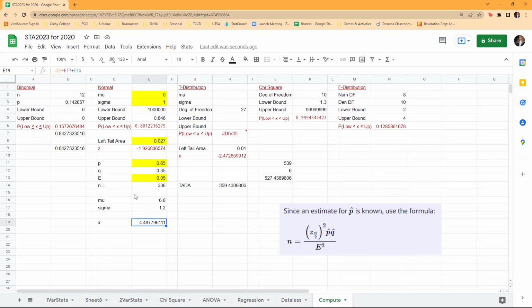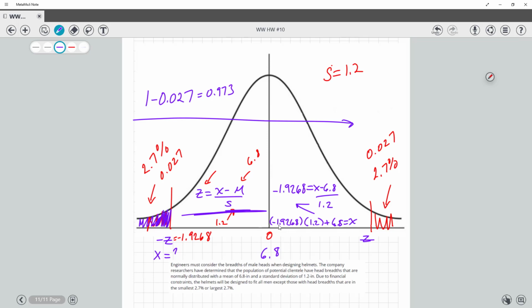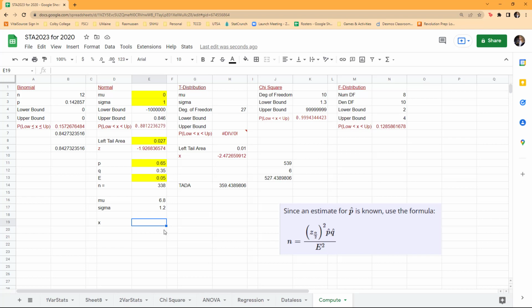And you're going to see that's what I did down here, so I'm going to redo it, is I added these two because these are for this problem. How do I find x? Well, I just said right here, take z times the standard deviation plus the mean. And when you do that, you will see that you will get the correct answer.